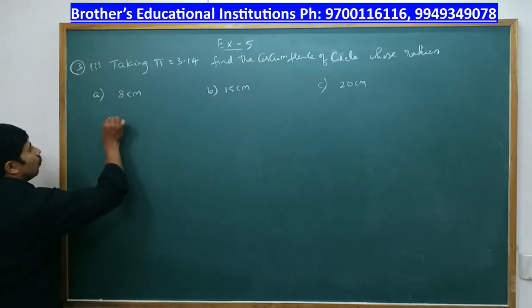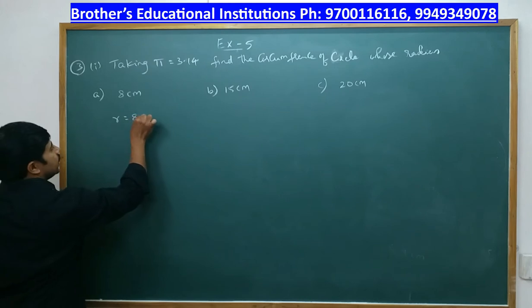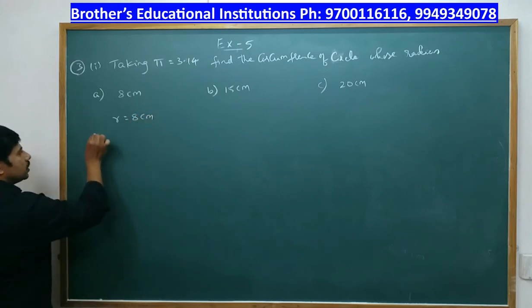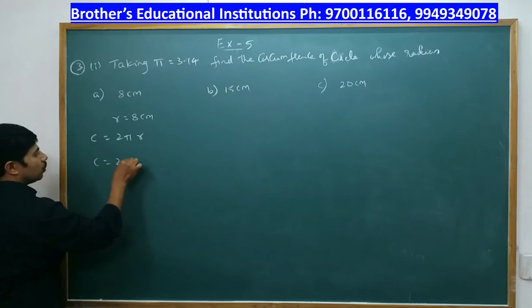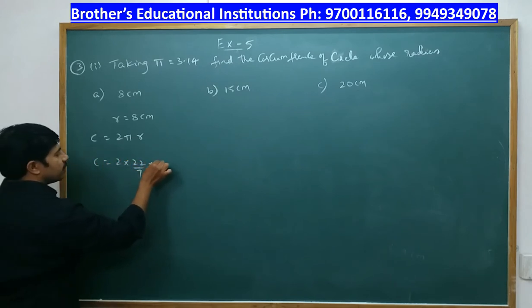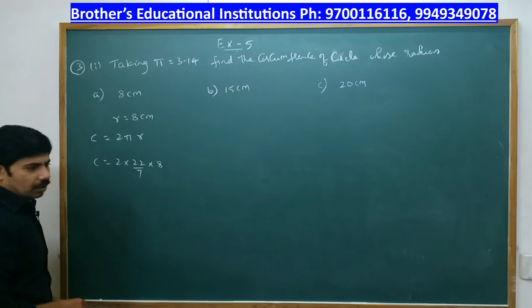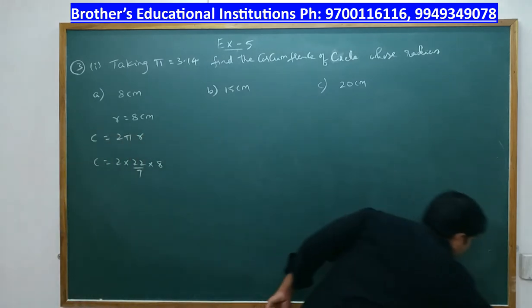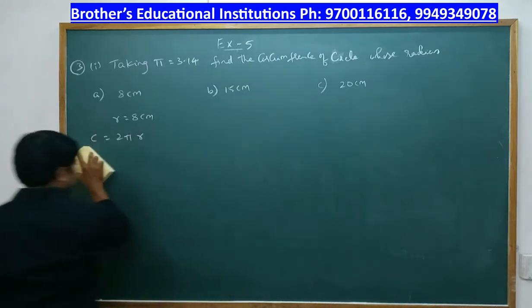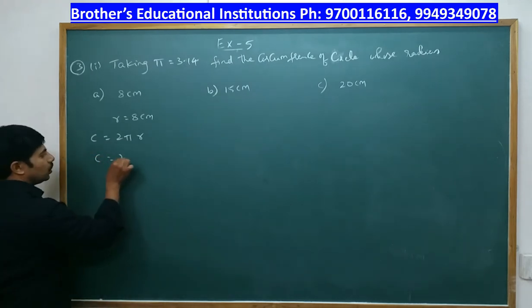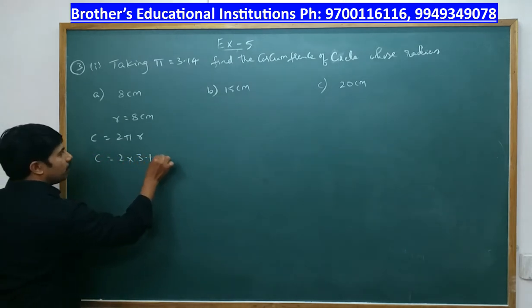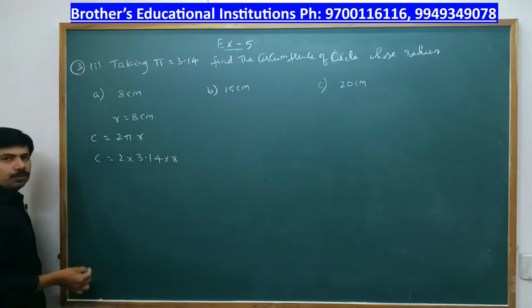Okay, so now r is equal to 8 centimeters, they gave for the first problem. Circumference is 2 pi r. So C is equal to 2 into 22 by 7 into, sorry, not 22 by 7, by mistake. So here C is equal to 2 into 3.14 into 8 we have to do, right?